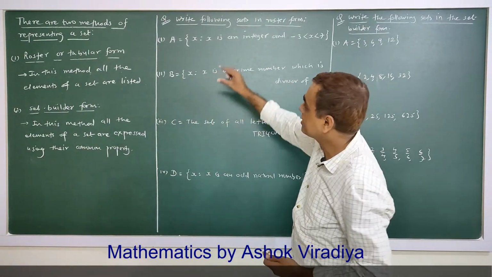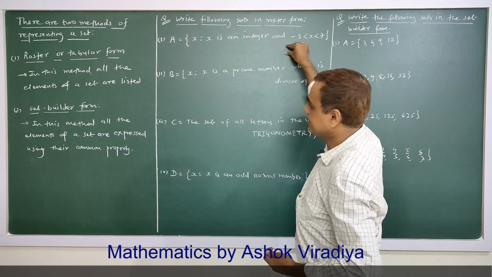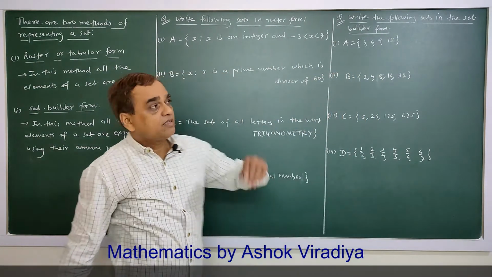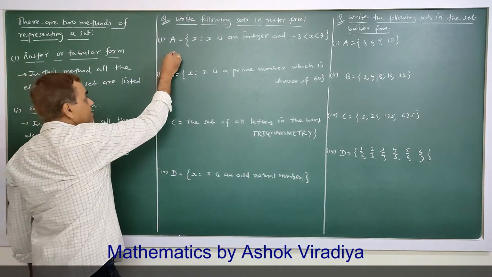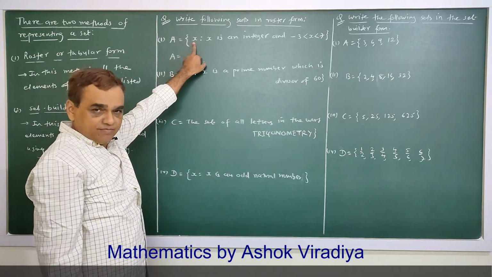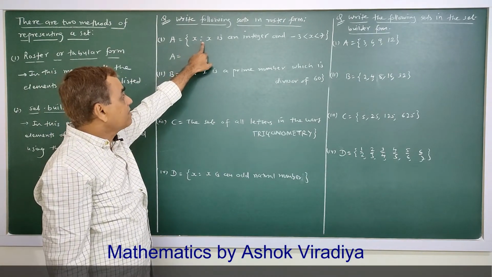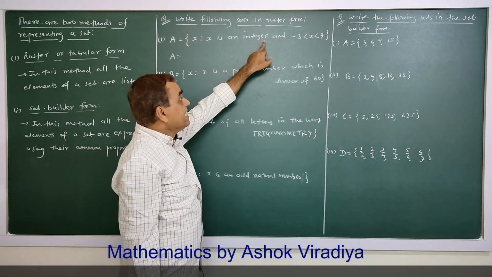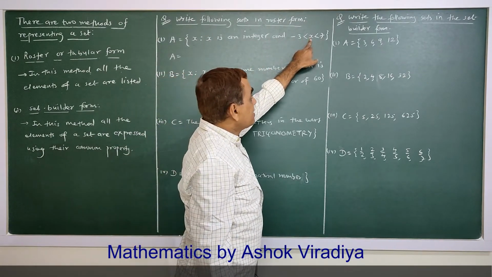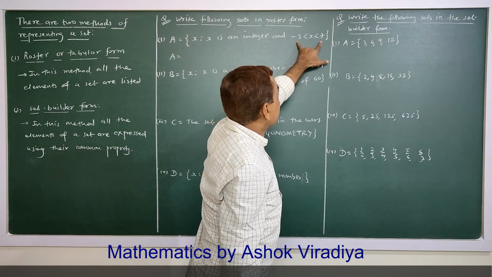We will prepare a list of elements. Now see here, set A is the set of all x such that x is an integer and x lies between -3 and 7.